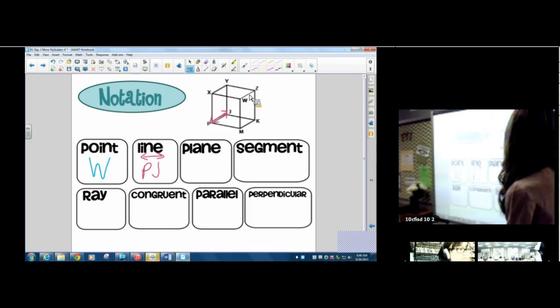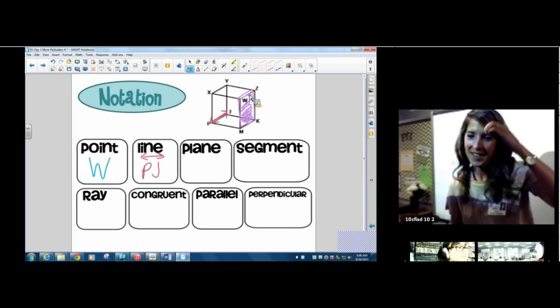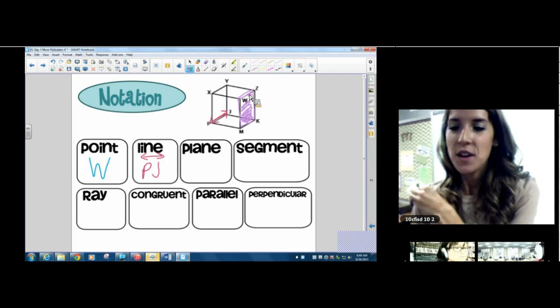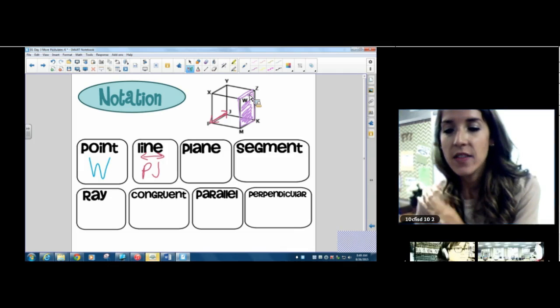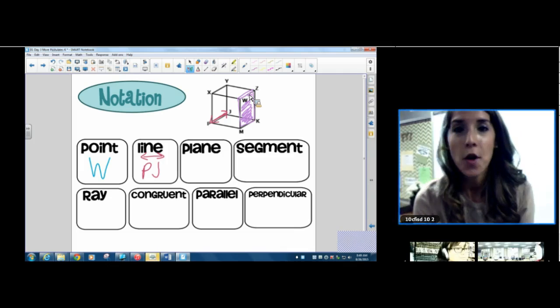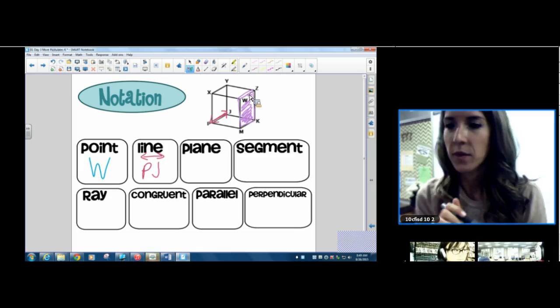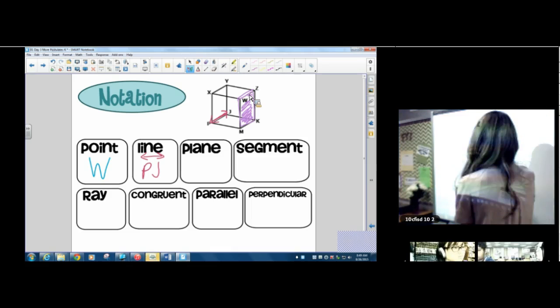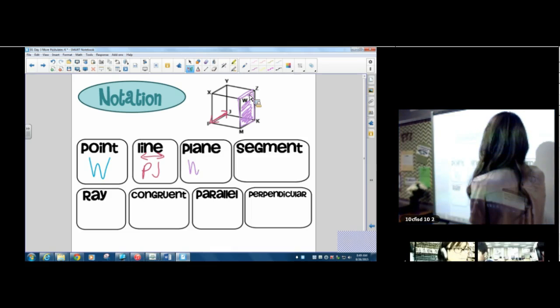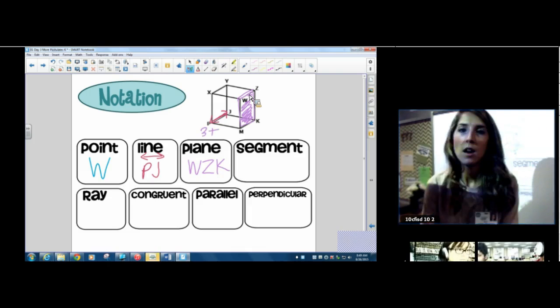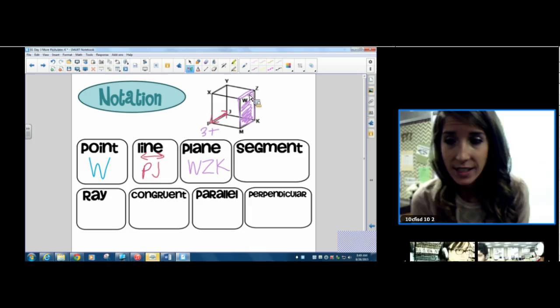Okay, how do you name this purple plane? Good job, that was quick. So your notes say that you can name a plane with 3 or more points in the plane. So I'm going to just use 3 letters, but you can use 3 or more letters, which represent points from the plane.